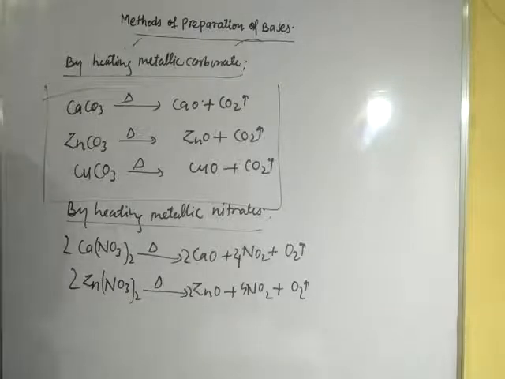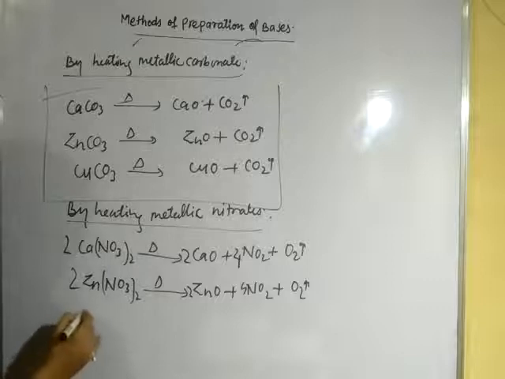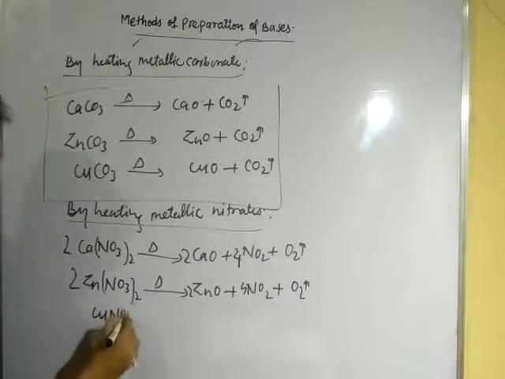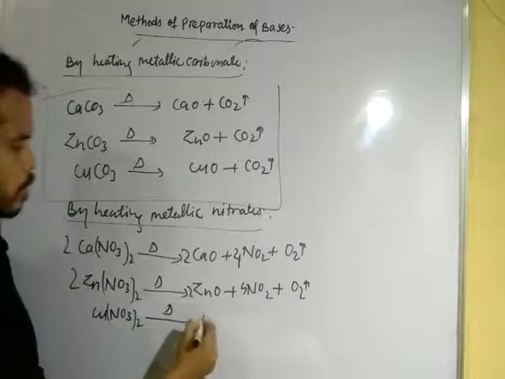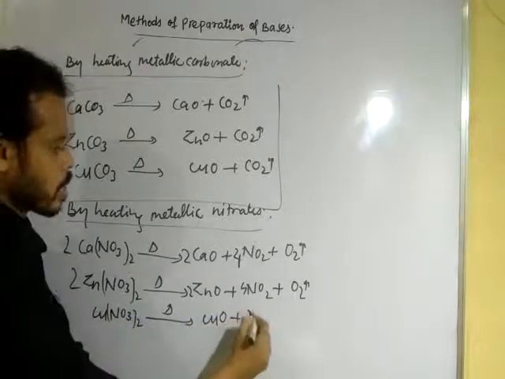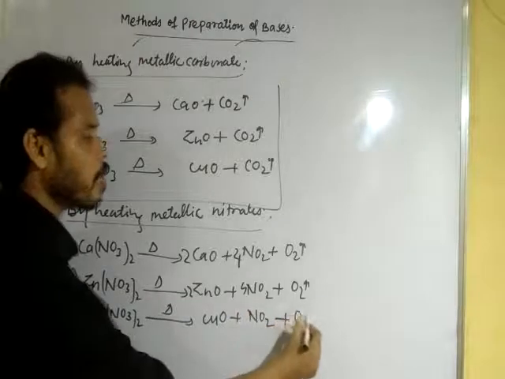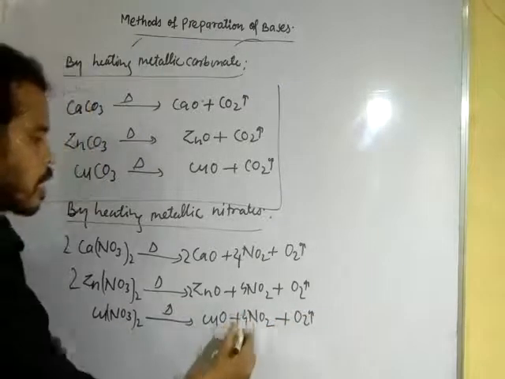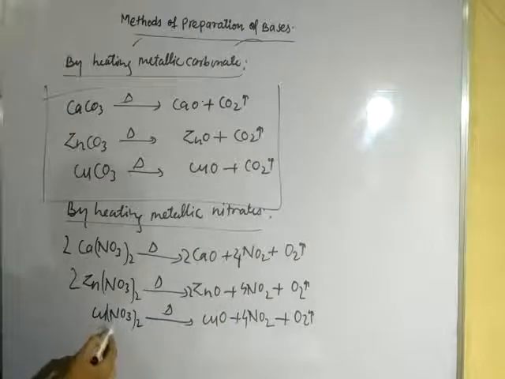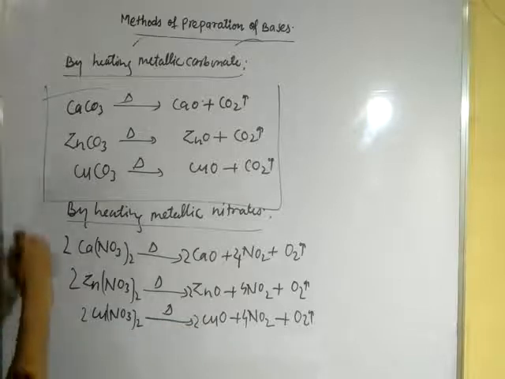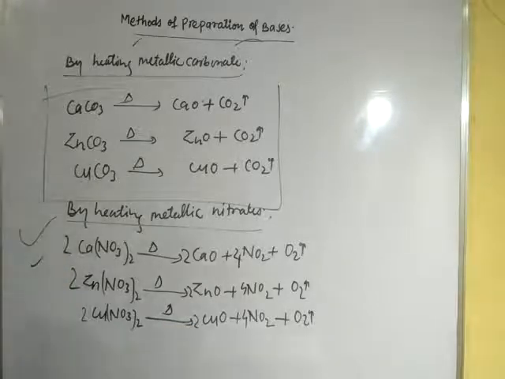Okay, dear students, once again, copper nitrate Cu(NO3)2 is heated to form cupric oxide plus nitrogen dioxide and oxygen. Clear? To balance this reaction, multiply nitrogen dioxide with 4 and cupric nitrate with 2 and also with 2. Okay? These are the reactions.